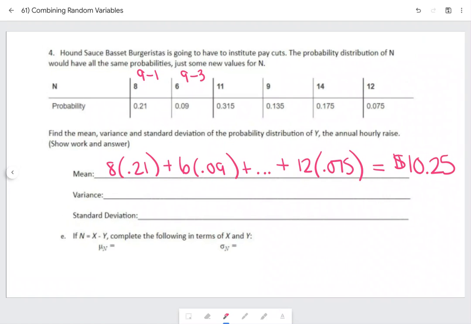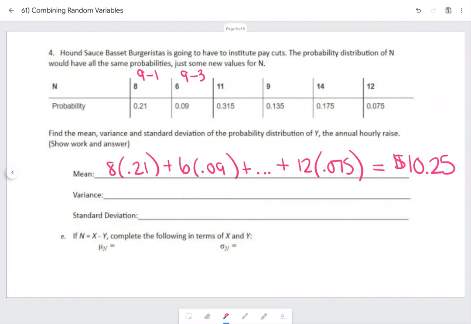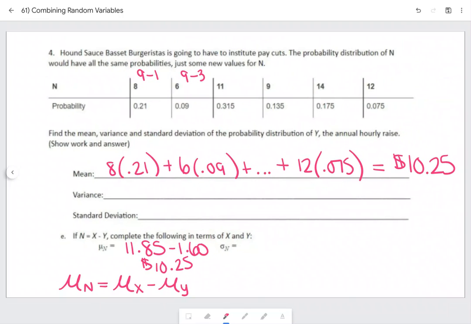So just to check from before, we had 11.85 and 1.60. So that does in fact equal the 10.25 that we just got. So the mean works the same way for adding or subtracting. The mean of n, in this case x minus y, is equal to the mean of x minus the mean of y. So if you're subtracting them, you can calculate the two means first and then go from there.